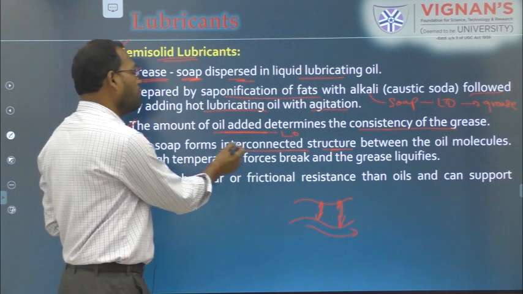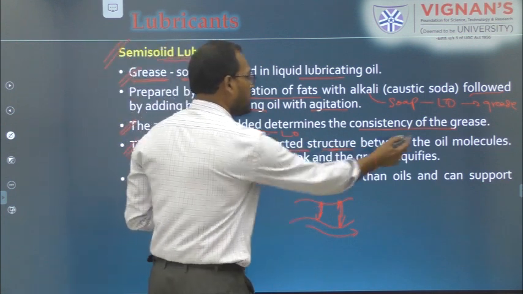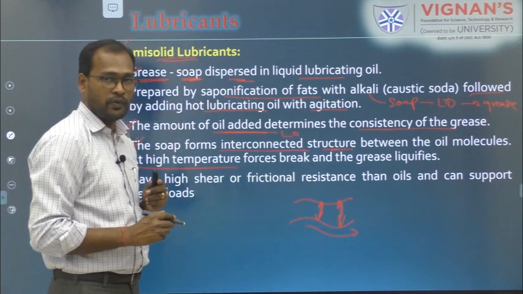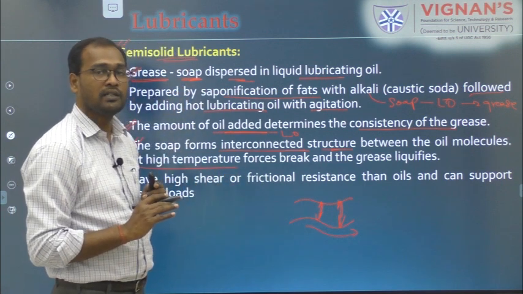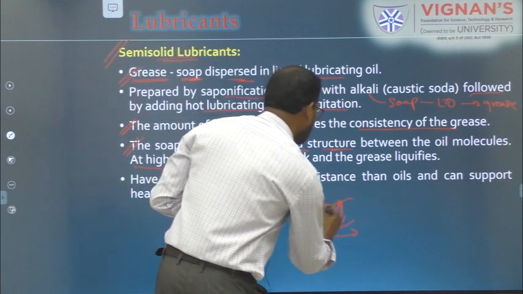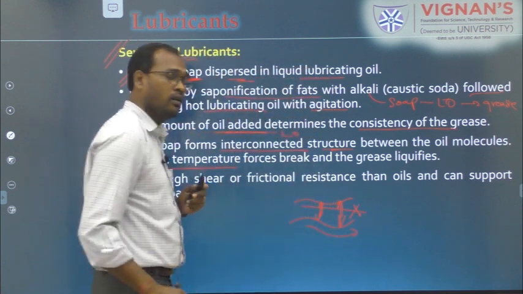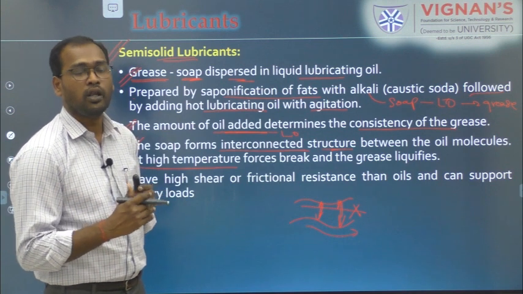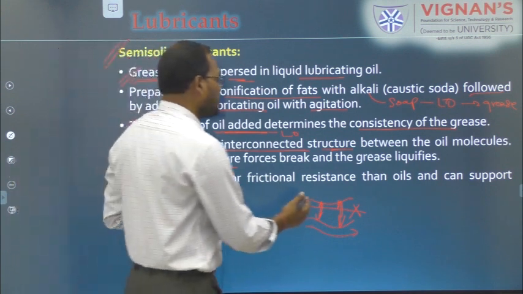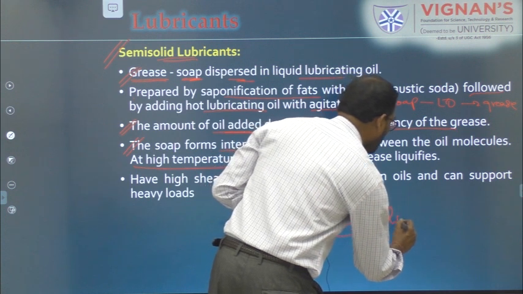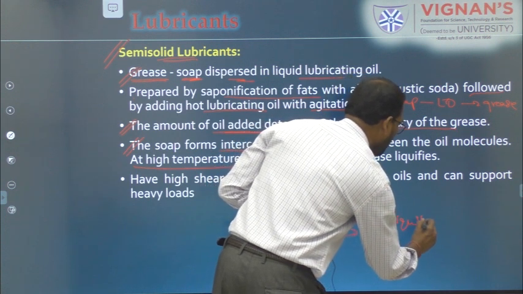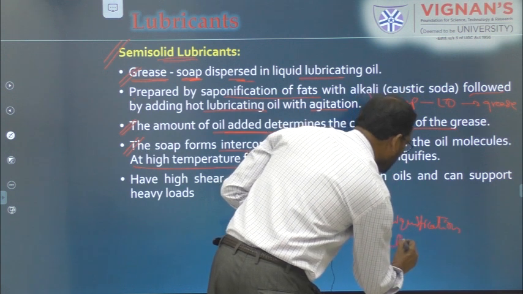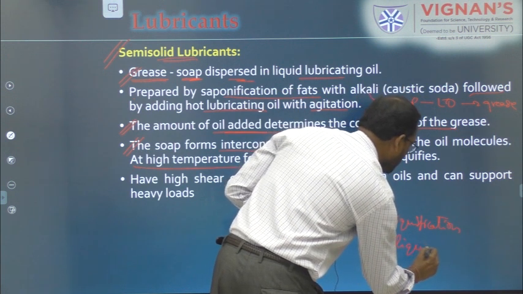So the soap forms an interconnected structure between the oil molecules, and this is at room temperature, whereas at high temperatures these can break. The bonds between the lubricating oils made by the soap molecules can break, and ultimately it will undergo liquefaction, or turn into liquid form.